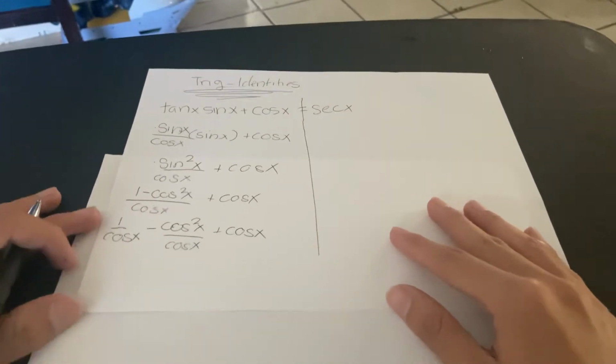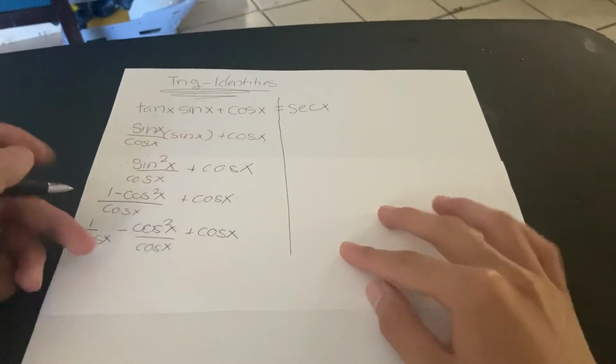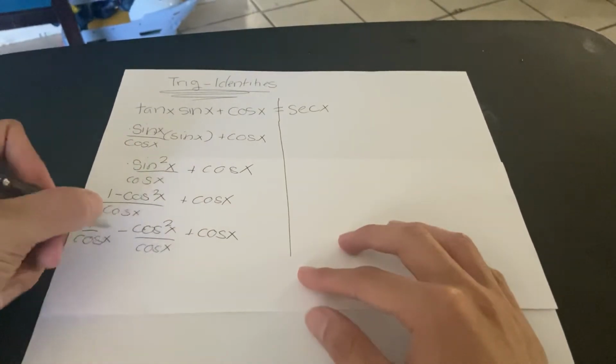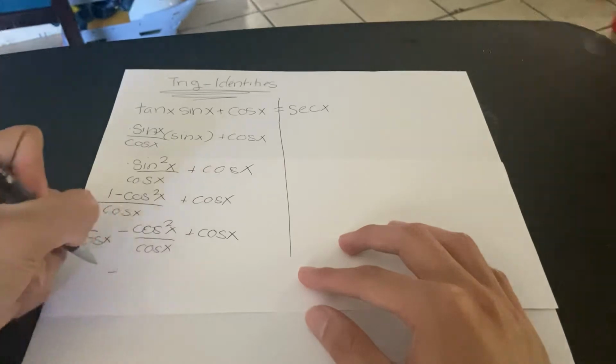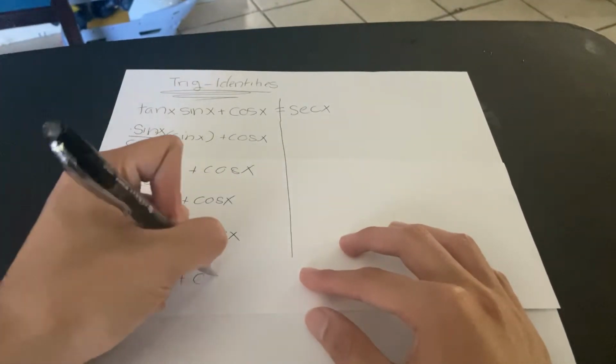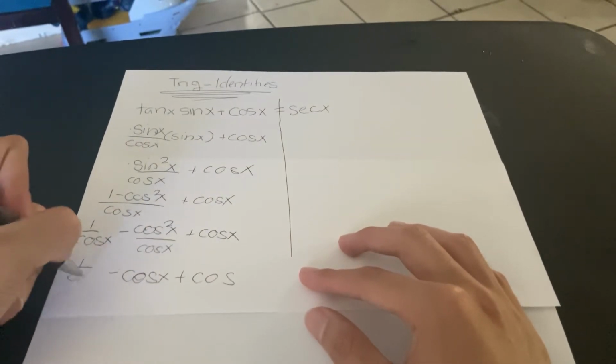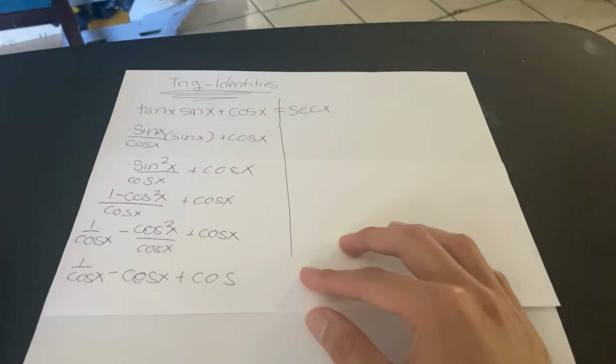So if we work with this cosine, we know that we can simplify this, and this becomes minus cos of x plus cos of x. And we have here, we just bring this down, 1 over cos of x.